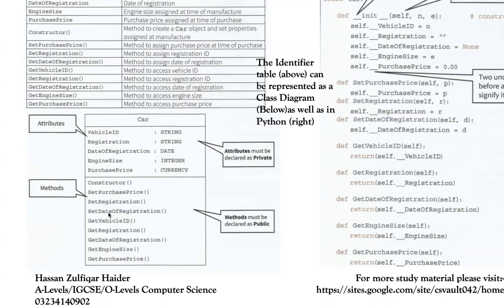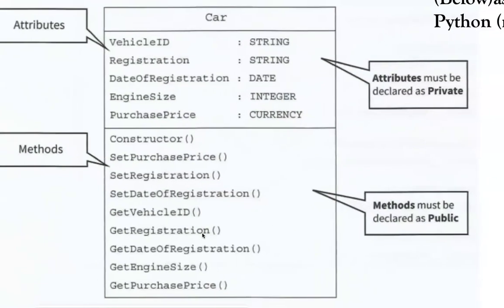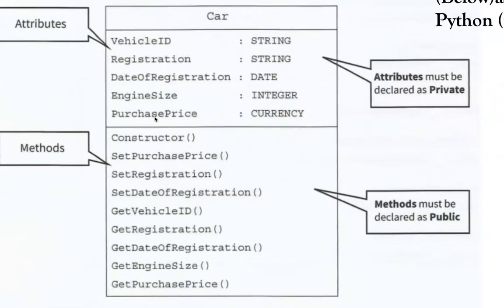So only three attributes I'm allowing changes to, and the rest have getter functions only. This is where the control of object-oriented programming really comes in. My setters are only allowed for three attributes, which means I am not allowing my vehicle ID or my engine size to ever be changed. I'm in control of that.